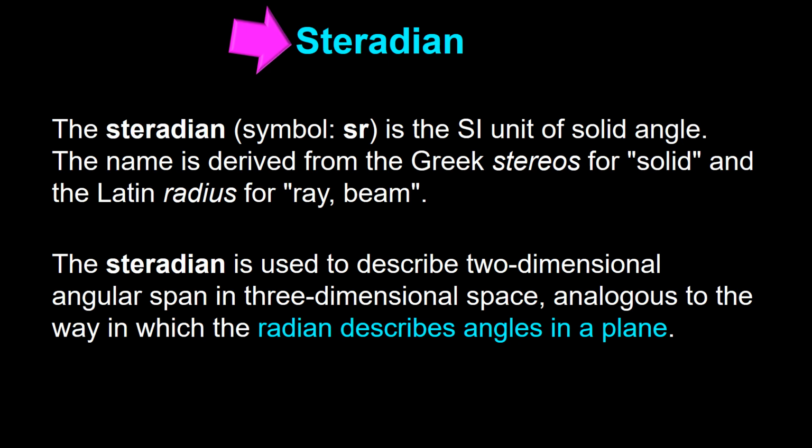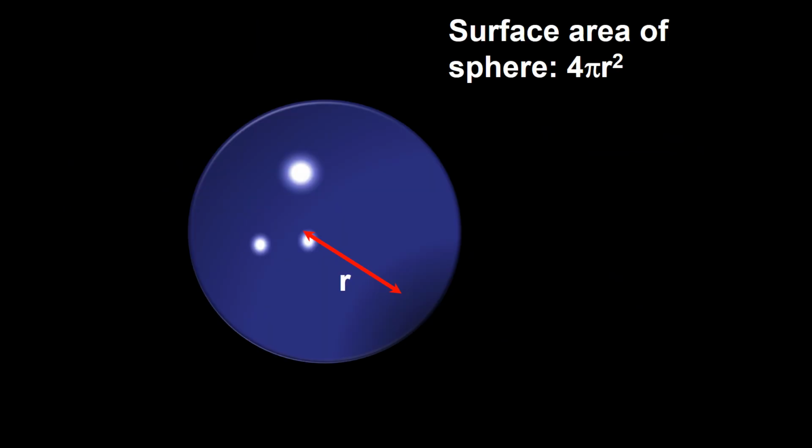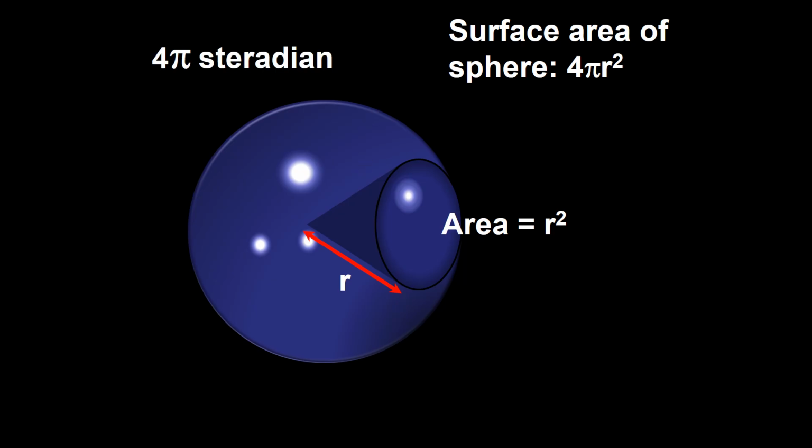In the same way that a radian cuts out a length of a circle's circumference equal to the radius, a steradian cuts out an area of a sphere equal to the square of the radius. The surface area of a sphere is 4 pi radius squared. The area of a surface of a sphere equal to the square of the radius is called a steradian. Thus, the surface area of a sphere has 4 pi steradians. Used in natural numbers, we will say that it has 12.57 steradians.